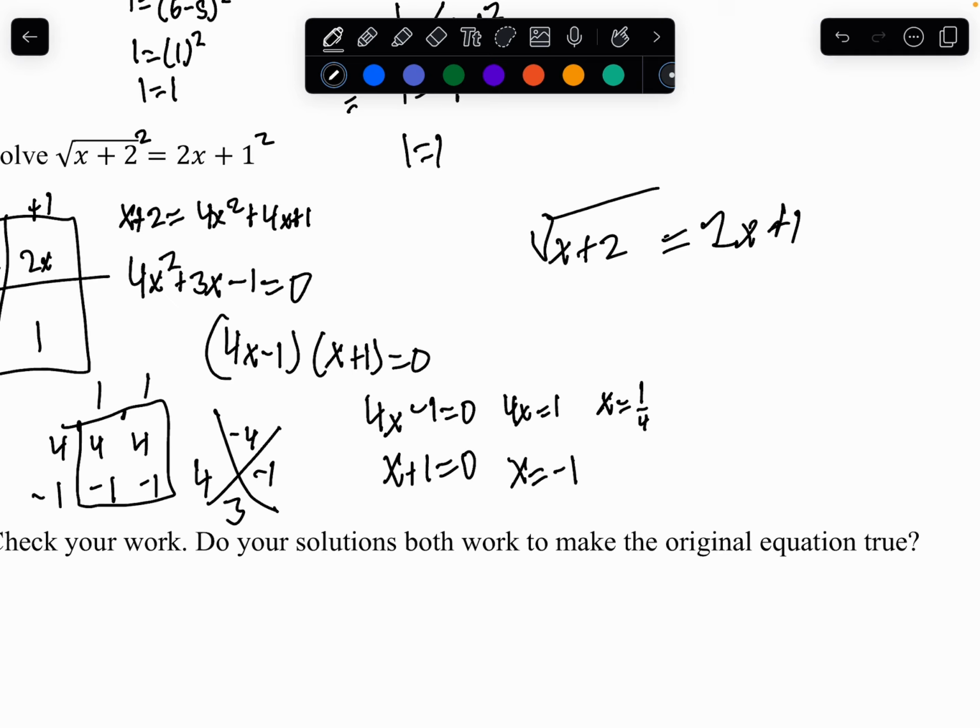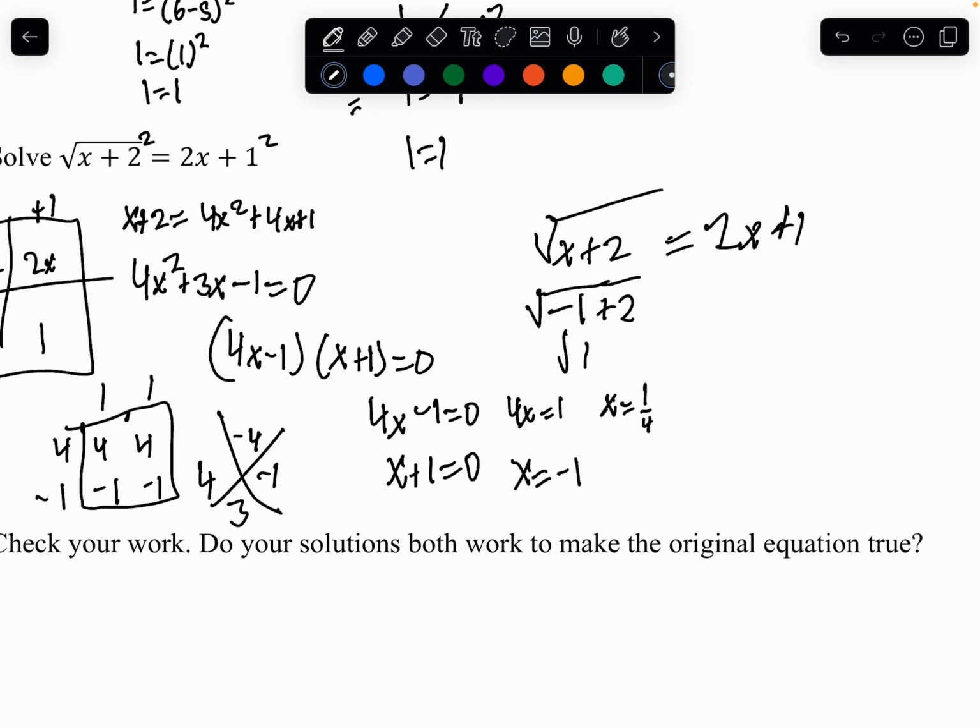So we'll plug their answers back in. So negative 1 plus 2 is 1.